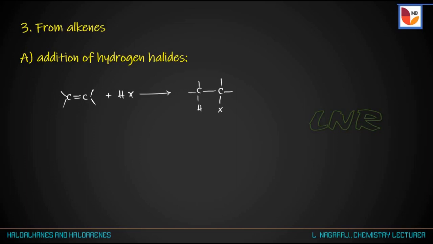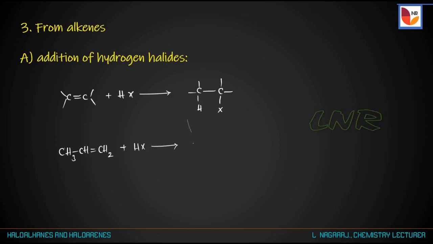This happens only in the case of symmetrical alkenes. In the case of unsymmetrical alkenes, such as CH3CH=CH2, the reaction takes place according to Markovnikov's rule. That is, the negative part of the hydrogen halide attaches to the carbon of the double bond containing fewer hydrogens.